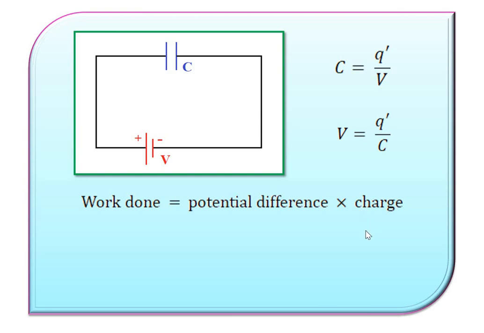We know that work done equals potential difference times charge. For small work done, we have the formula dW equals V times dQ. Putting the value of V from this, we can write the new equation of the work done: dW equals Q' by C times dQ.